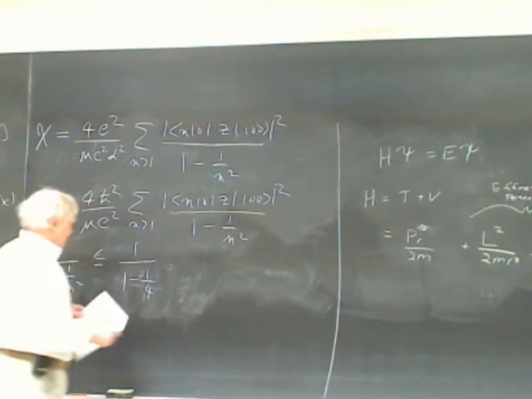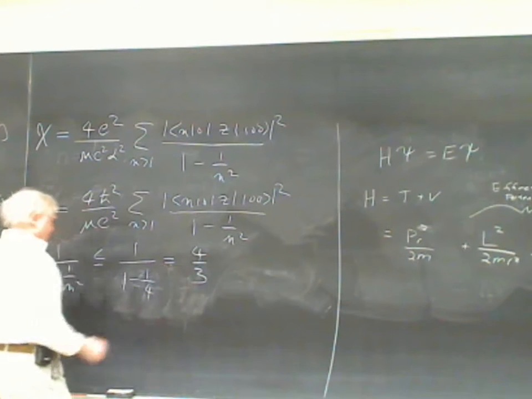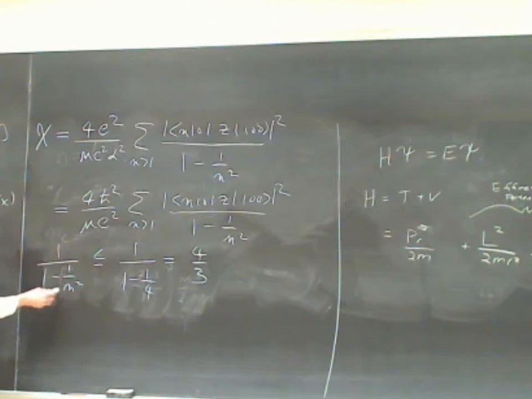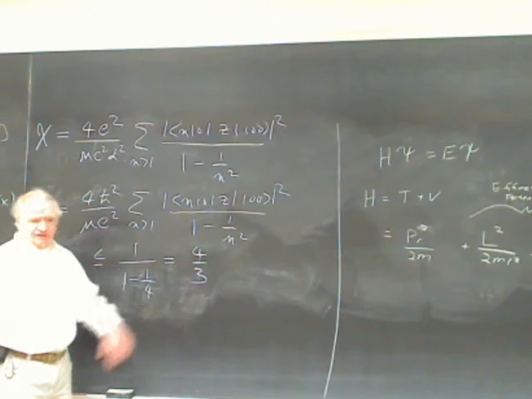Yes, this is 4/3. Somehow I'm not thinking clearly. This is, of course, 4/3. And for n equal to 1, of course, it's infinity. For n equals 2, you have equality. But for n equals 3, it's 1 minus 1/9, so it's 8/9. So it's 9 over 8, which is less than 4 over 3.